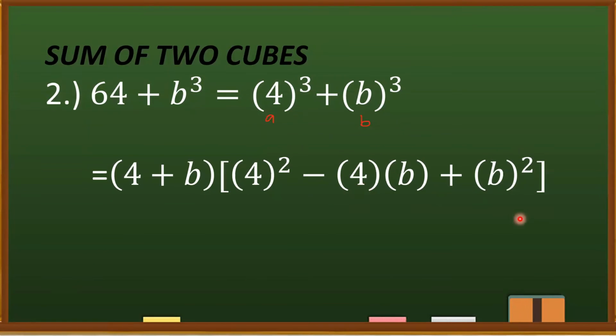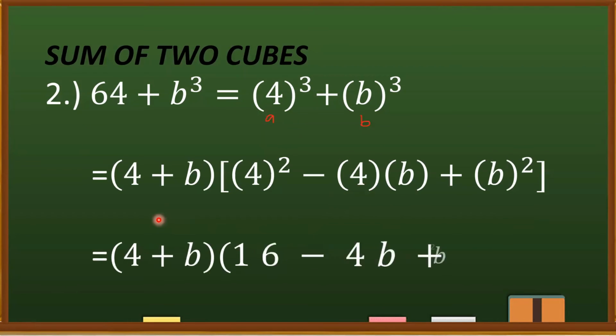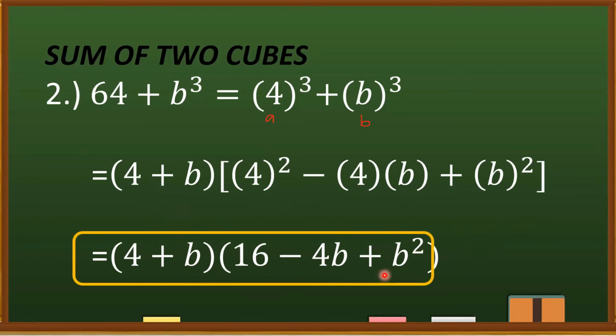And then after substitution, simplify. Copy quantity 4 plus b, and then simplify 4 squared, that is 16. Then negative times 4 times b, that is negative 4b. Then b squared is positive b squared. And that's it. Our factors are one binomial and one trinomial again, of course.